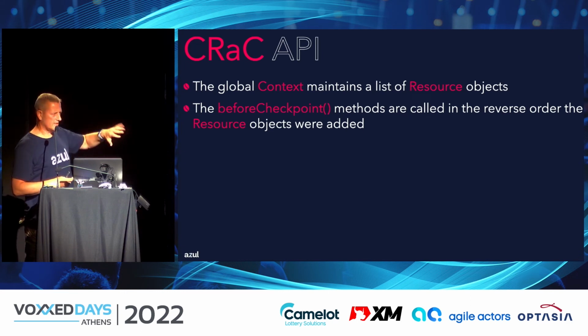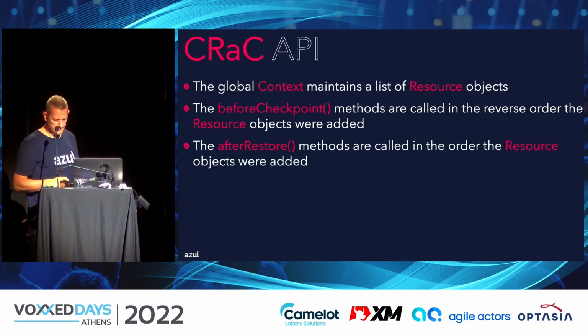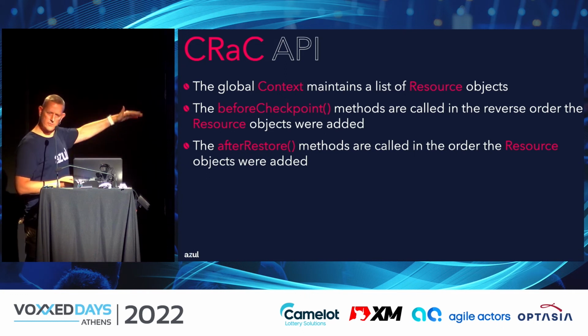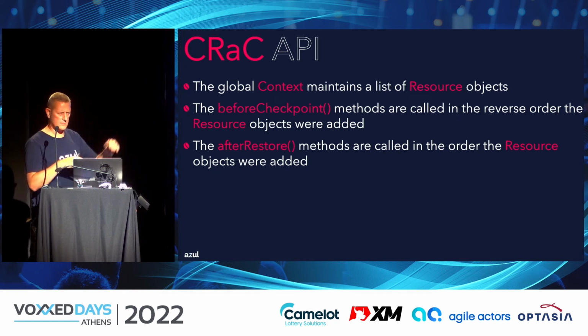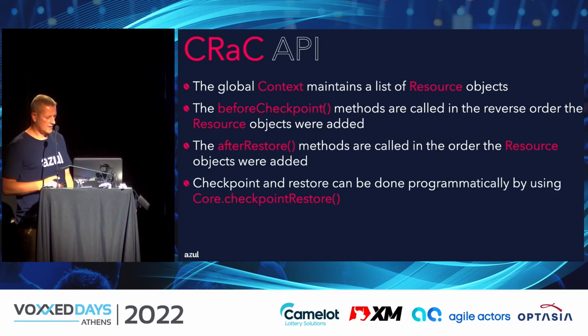So you have to make sure that when you close it, first you close the second one, and then you close the first one. And when you do the restore, then in principle it's the same order that we had when we registered them. So you decide the order in which you would like to register the resources, and keeping them in order is done by the context.